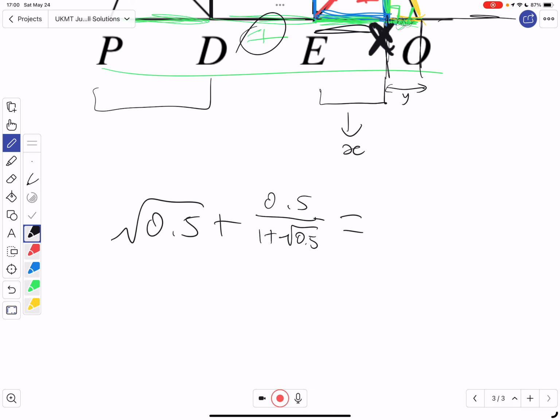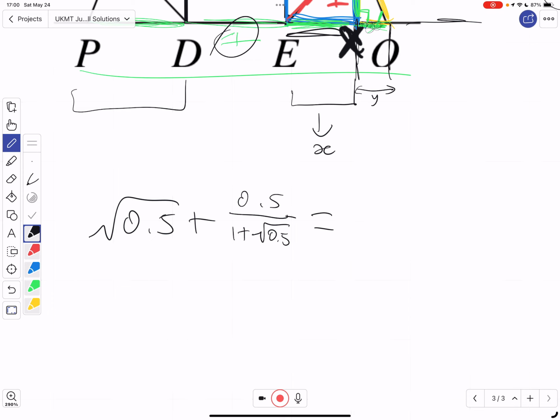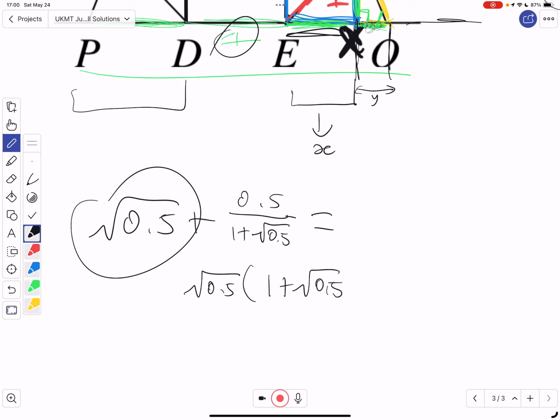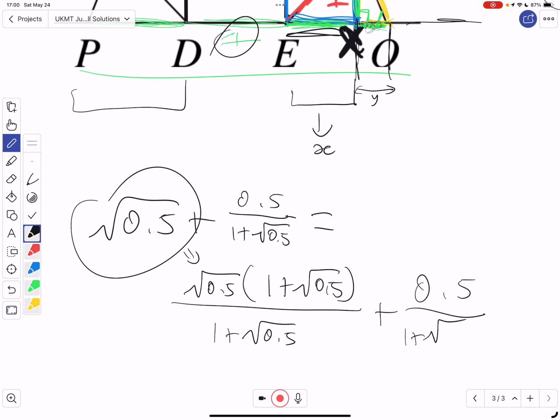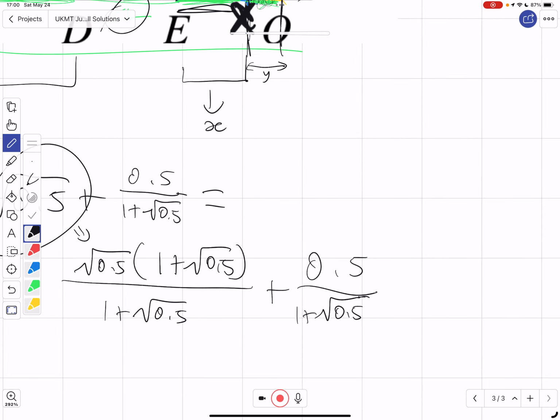Let's do it. Convert into common denominators. So if you multiply by 1 plus the square root of 0.5 for this one, it's going to be the square root of 0.5 times 1 plus the square root of 0.5 over 1 plus the square root of 0.5. That is that. And then plus 0.5 over 1 plus the square root of 0.5. Some quick algebra, people might be noticing where this is going.